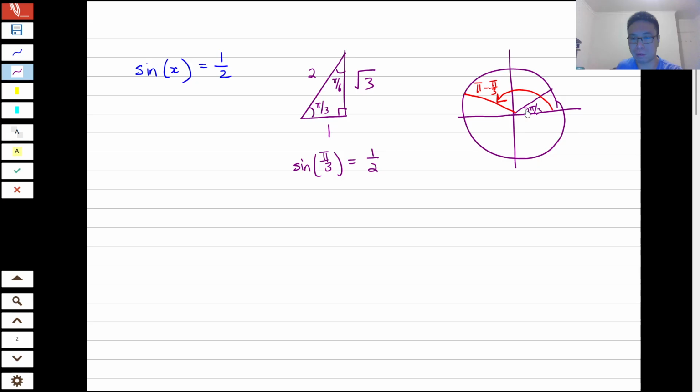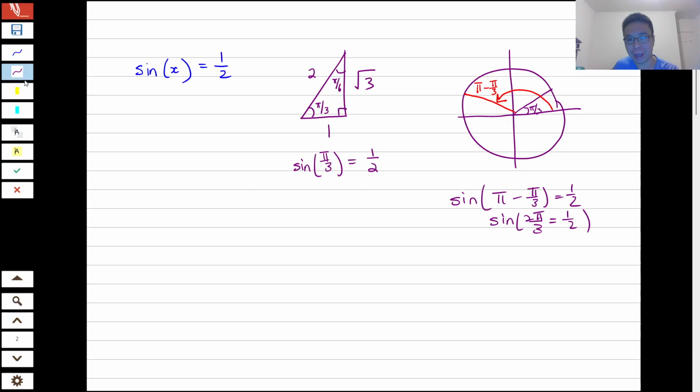So already we have some sense that there are two solutions. We know that sine of pi on 3 is a half, and we also know that sine of pi minus pi on 3 equals a half, or sine of 2 pi on 3 is a half. Okay, so we've got two solutions, pi on 3 and 2 pi on 3, and now we need a way to capture the fact that every time we add 2 pi to the angle, it's still a solution.